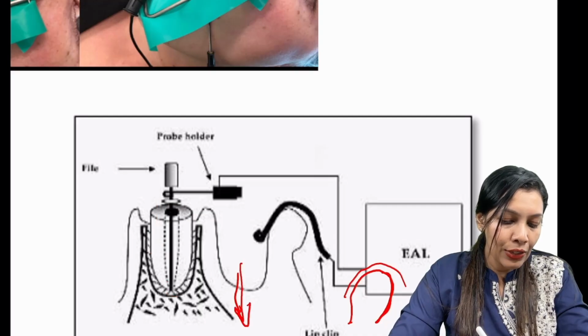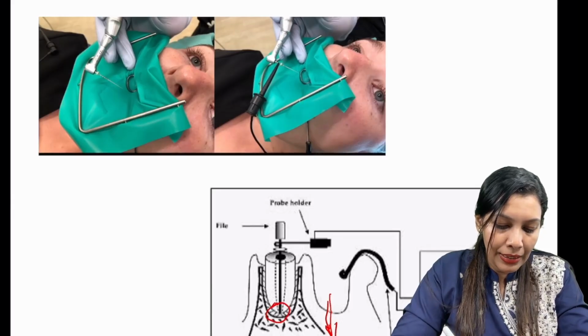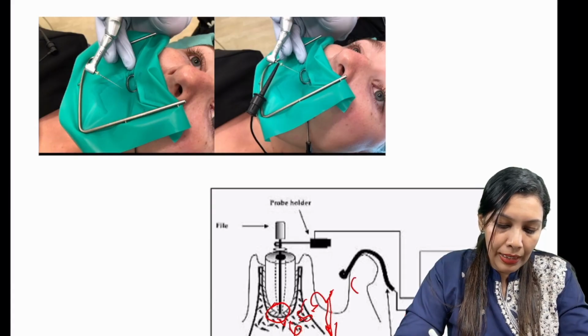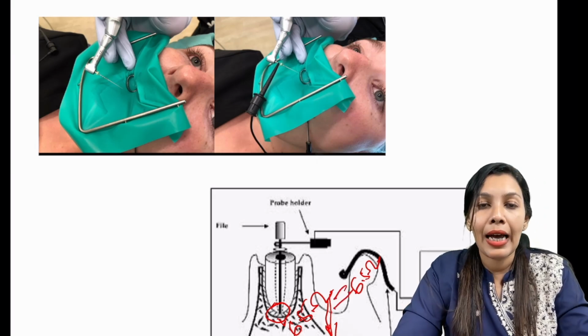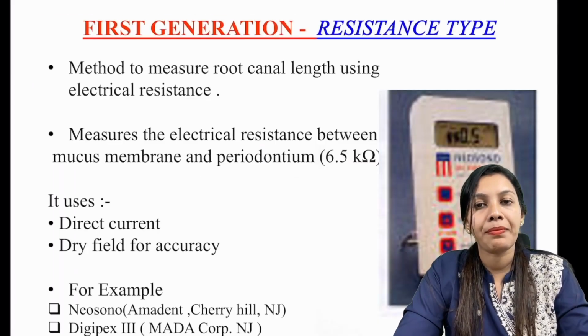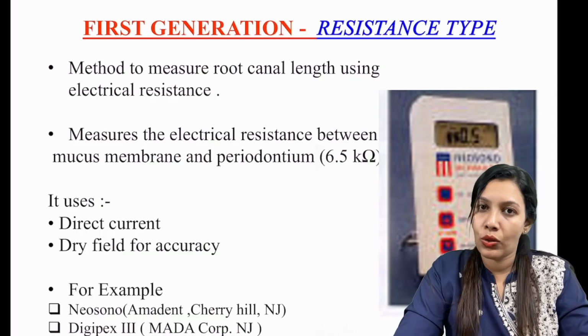When the file reaches the apex, the resistance of 6.5 ohm and the lip also have 6.5 ohm, they match. At that time, it produces a beeping sound showing that it has reached the apex and is touching the periodontal space, right?